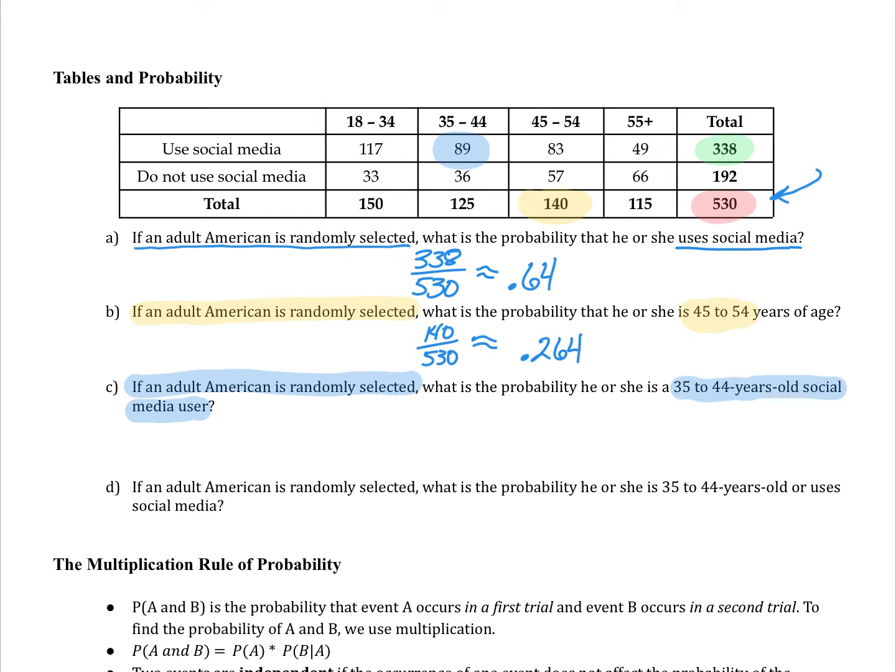So our line would be the 89. My probability is the 89 people out of the 530. Again, I'm going to be rounding on this, so it's going to be about 0.168, which is about 16.8%.